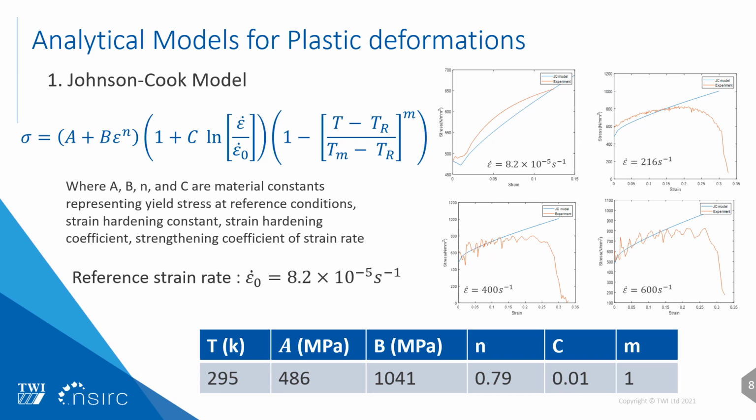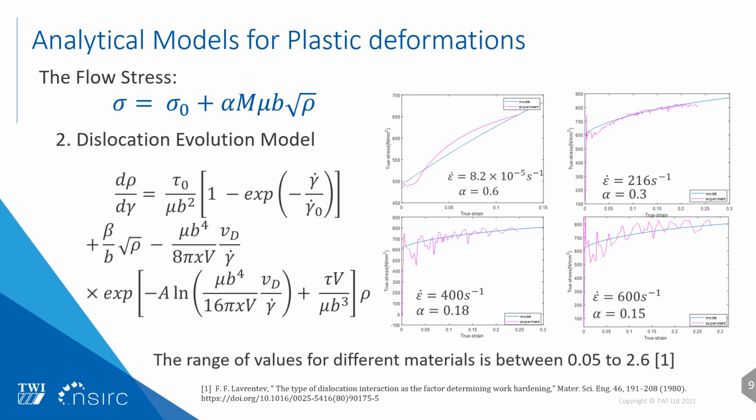We could see the graph here. It shows good correlation between the experiment and the Johnson-Cook model calculations. We also utilize the dislocation evolution model, which gives us the flow stress and the dislocation density. The equation here embeds the phonon drag effects in the first part of this equation.